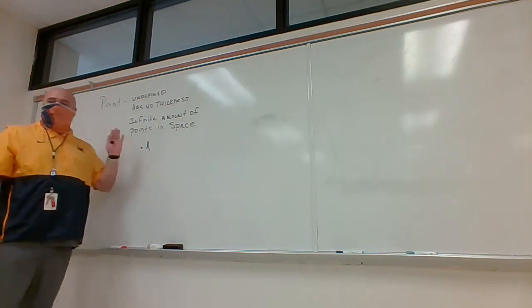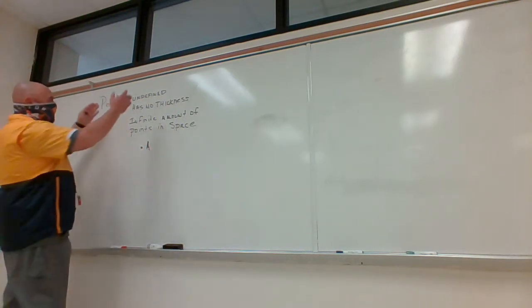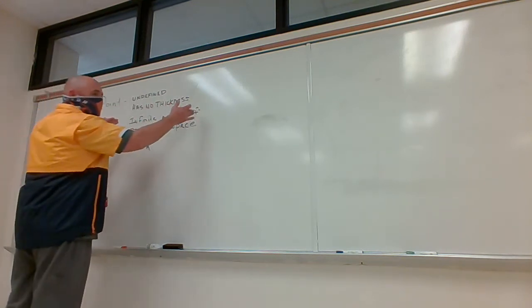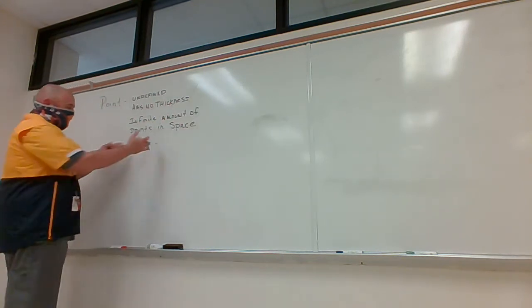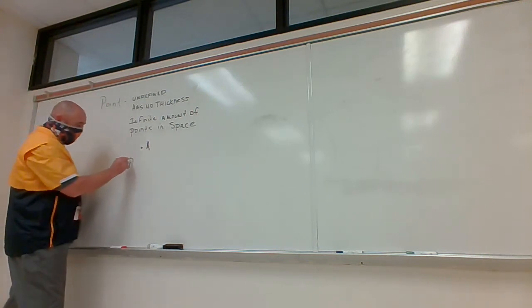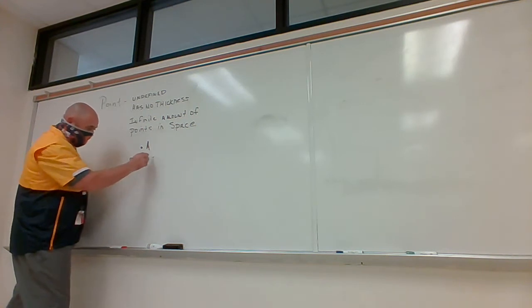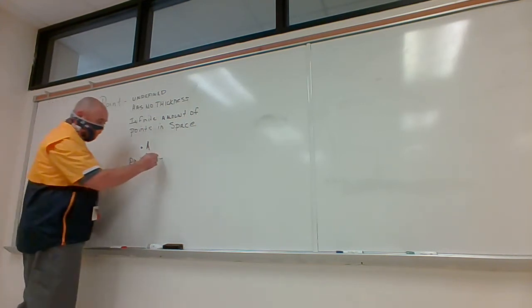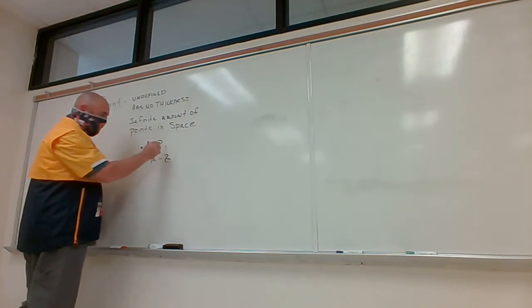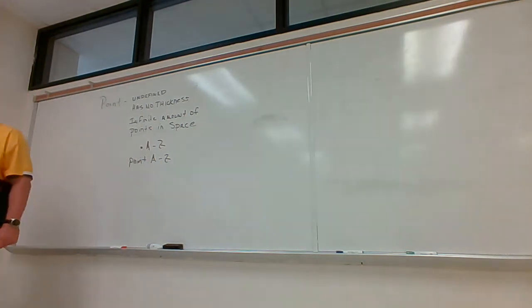So it's an undefined term, it has no thickness, there's an infinite amount of them in space, and this is how you label them. Okay, that is the characteristics of a point.